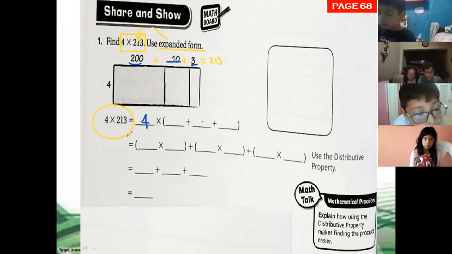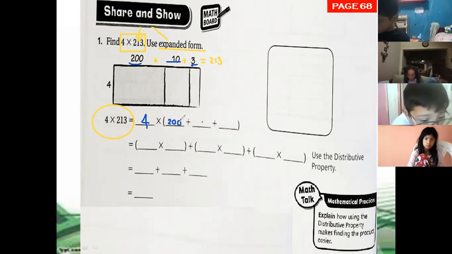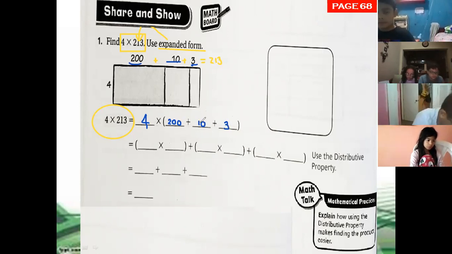It means that I'm going to multiply 4 times 200, 4 times 10, and 4 times 3.